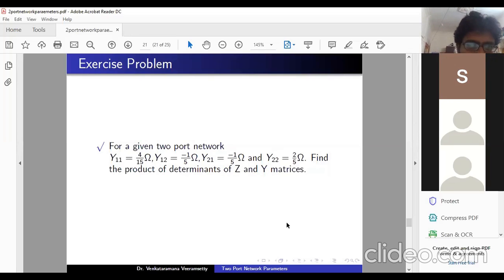Z and Y matrices, you have to find the determinant. So the matrix will look like this.